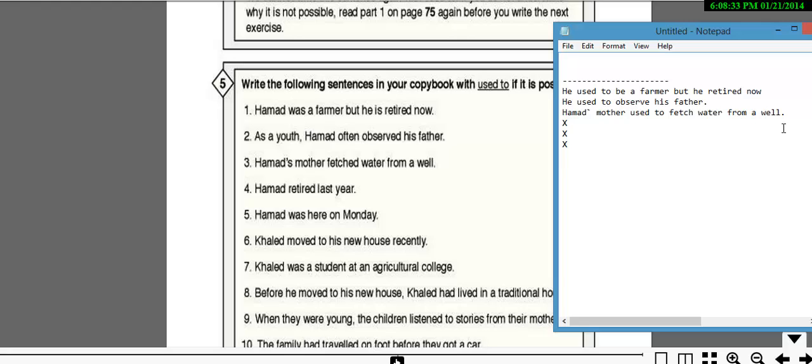Khalid was a student at an agricultural college. And before he moved to his new house, Khalid had lived.